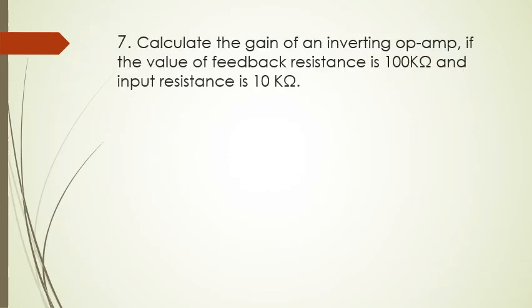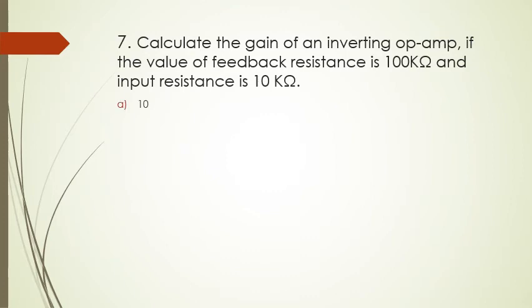Then the next question is, calculate the gain of an inverting op amp if the value of feedback resistance is 100 kilo ohm and input resistance is 10 kilo ohm. Now, whenever we are discussing the gain of an inverting op amp, the gain can be written as output voltage upon input voltage, or if the voltages are not given, then the gain of the inverting op amp is minus RF upon Rin.